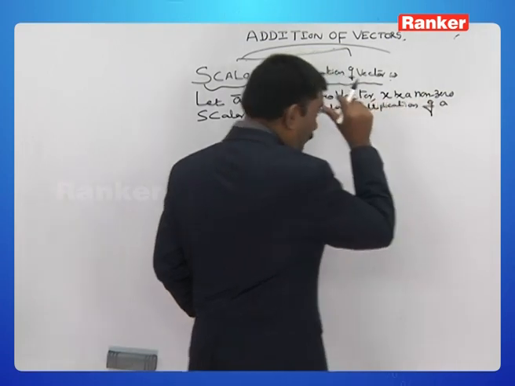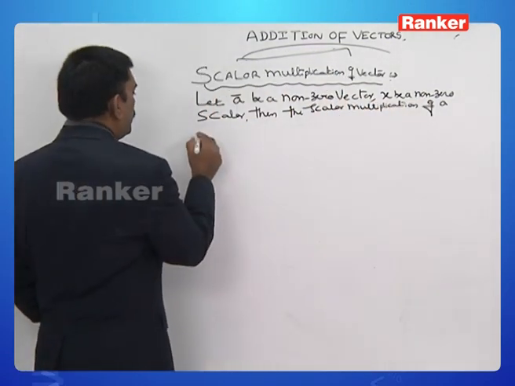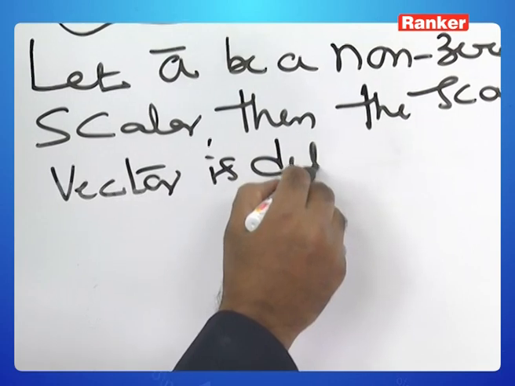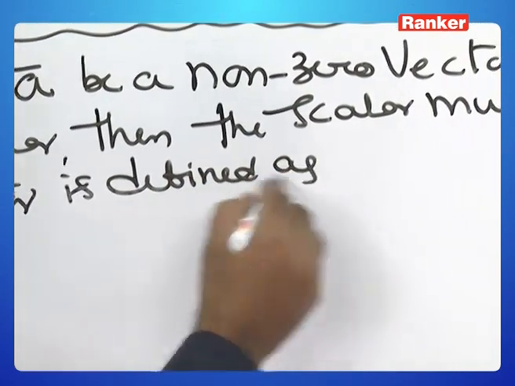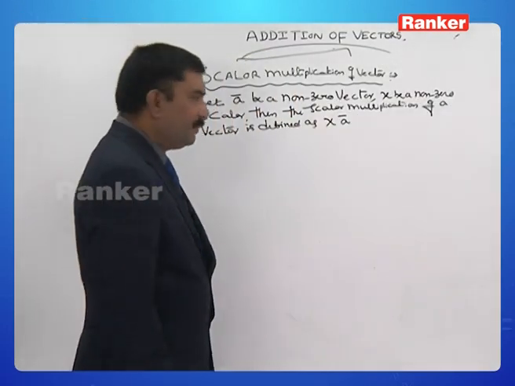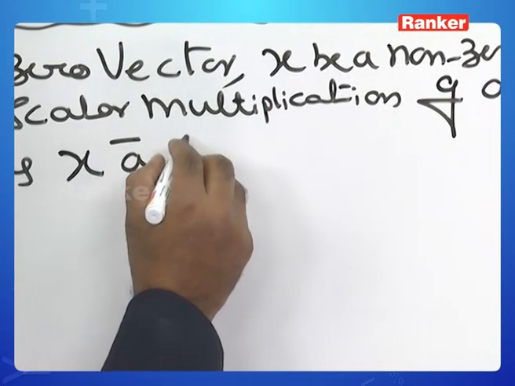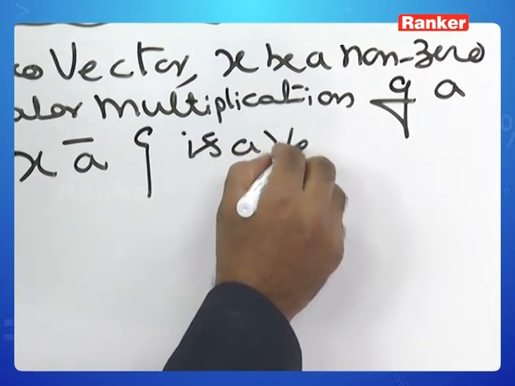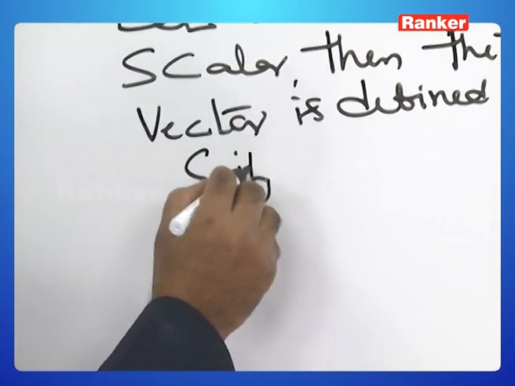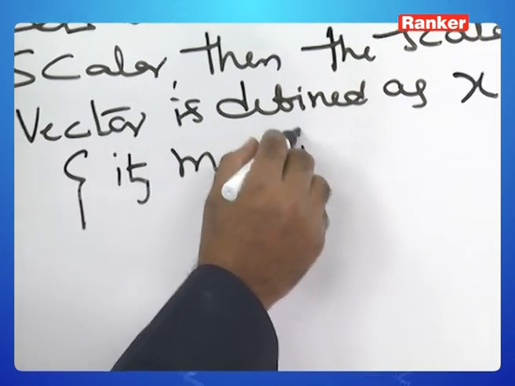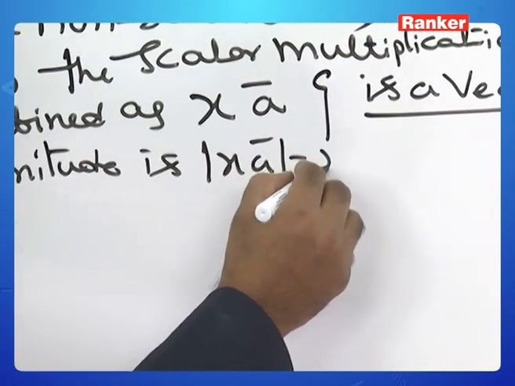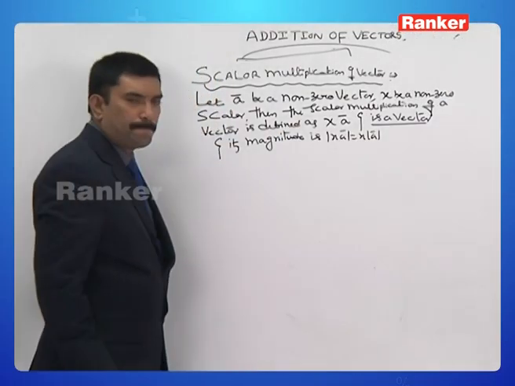Then the scalar multiplication of a vector is defined as XA bar and is a vector, and its magnitude is, that is, modulus of XA bar is same as X into modulus of A bar.